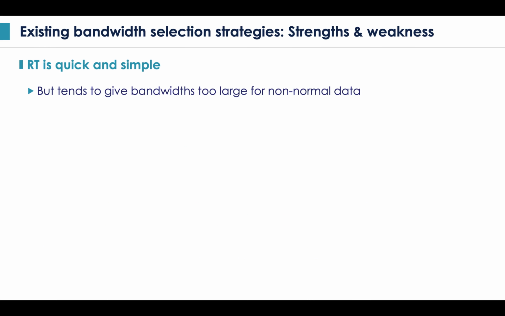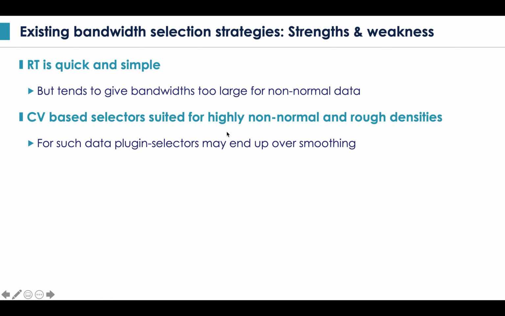Then let's look at some of the strengths and weaknesses of these techniques. The rule of thumb is quick and simple, that's easy, but it tends to over-smooth or give bandwidths which are too large for non-normal data. The cross validation based selectors are more suited for highly non-normal data and rough densities, because for such densities, the plug-in selectors may end up over-smoothing.